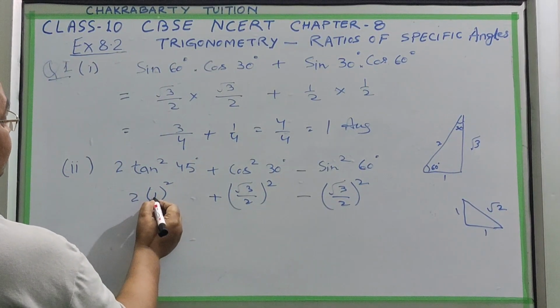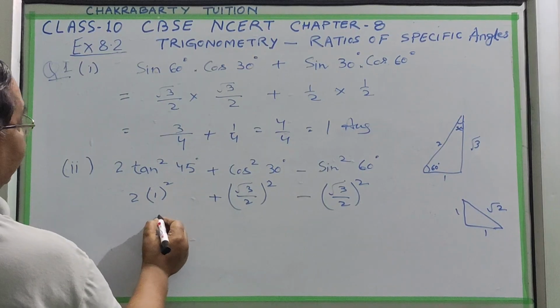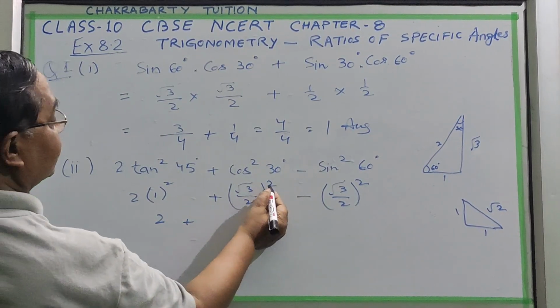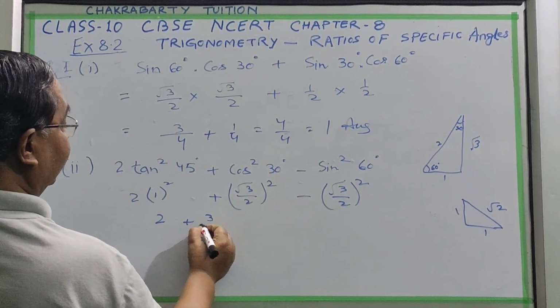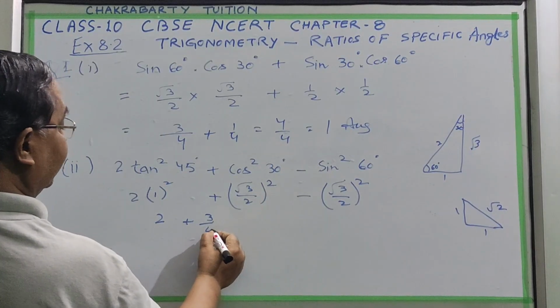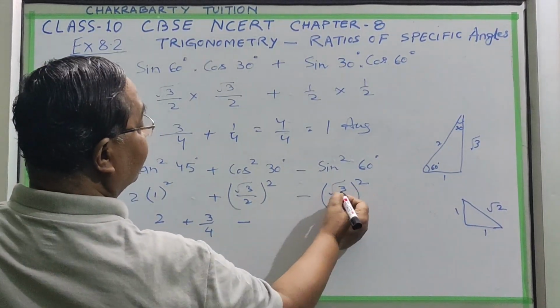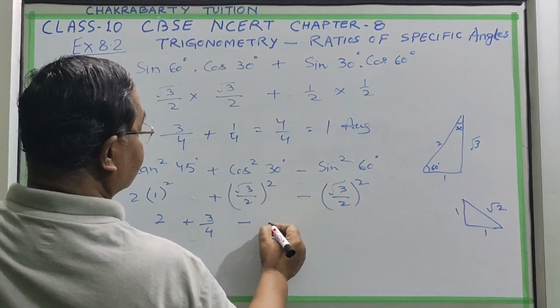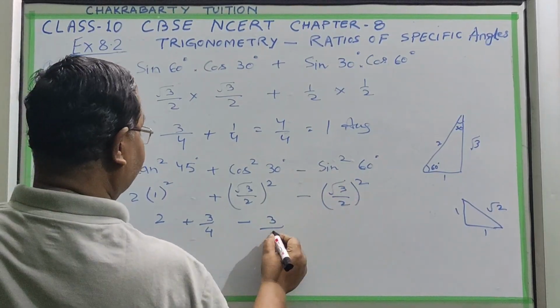So 1 square will remain 1 and it will become 2. This 2 will multiply it, it will become 3, minus, it will make a square, so it will become 3 and this will become 4.